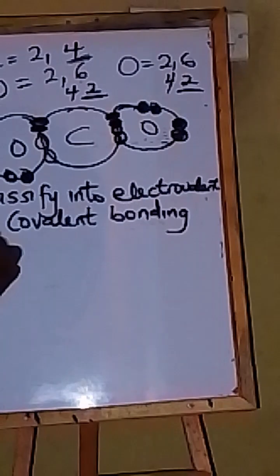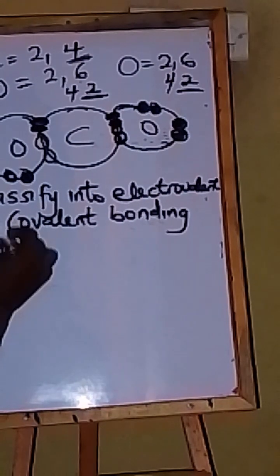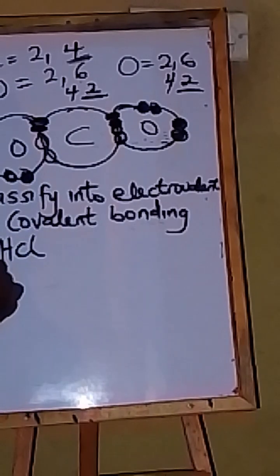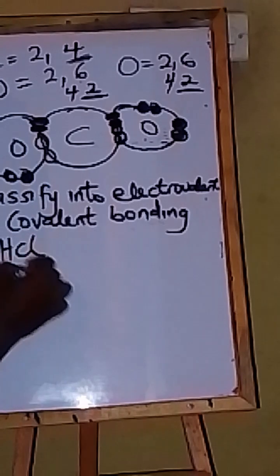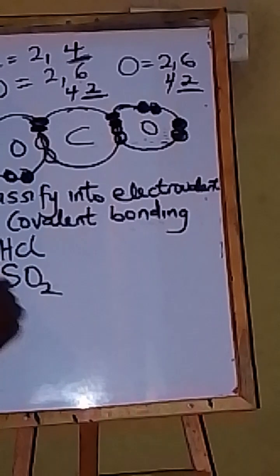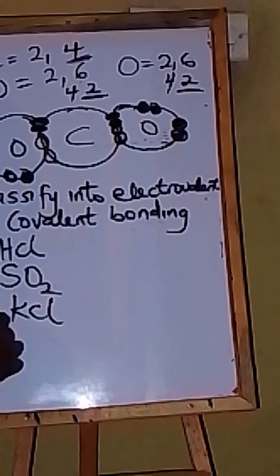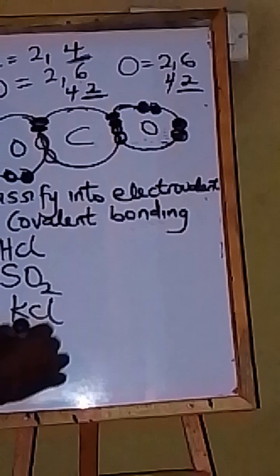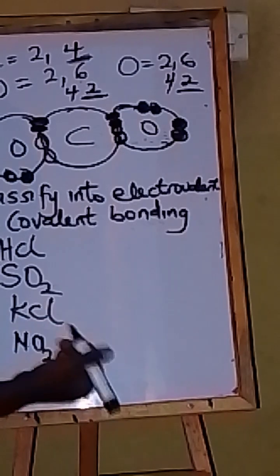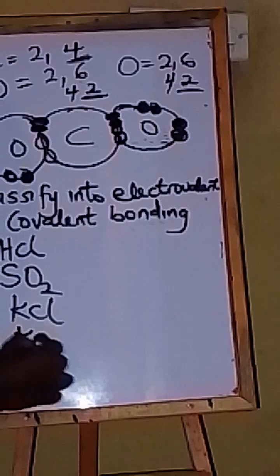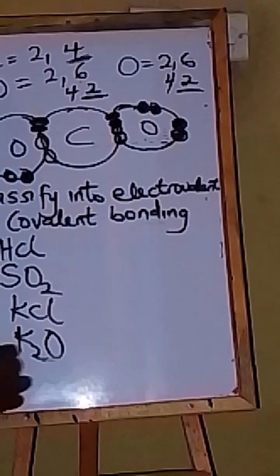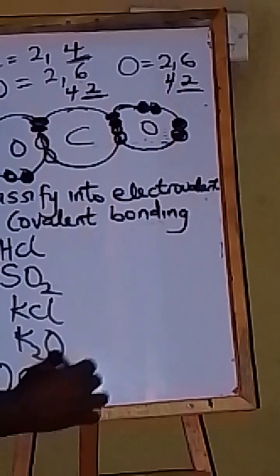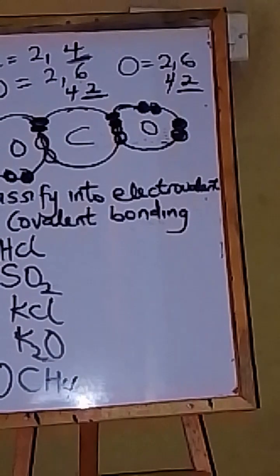So we have: 1, HCl; 2, SO2; 3, KCl; 4, Na2O; 5, CH4. So you will classify into electrovalent and covalent bonding using the above.